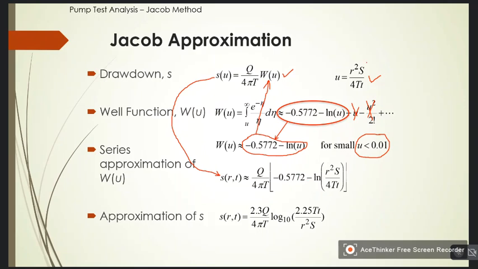And what is u? u is this. So now the natural log is converted, and this is also absorbed. Now how to arrive at this?